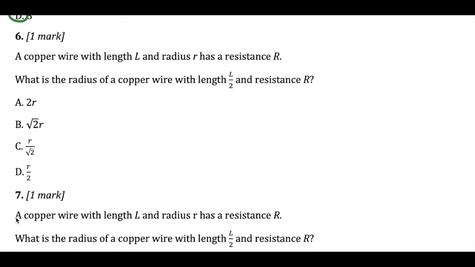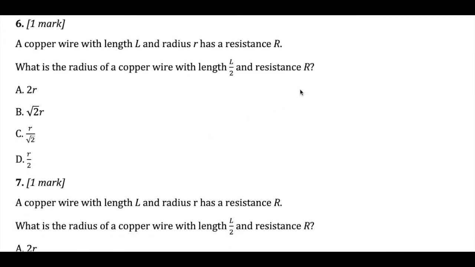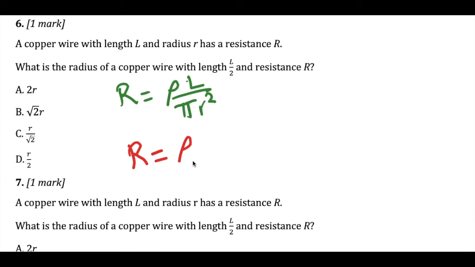Okay, question number 6. We have a copper wire of length L. Let's write an expression for the R that is given in our situation. So let's put that in here. The radius of a copper wire with length L over 2. Let's write an expression for our second wire. The new wire will also have R, made of the same material, but it has a length L over 2, so let's put a 2 in the denominator, and we should have a pi here. What is the radius? We're looking for the new radius.